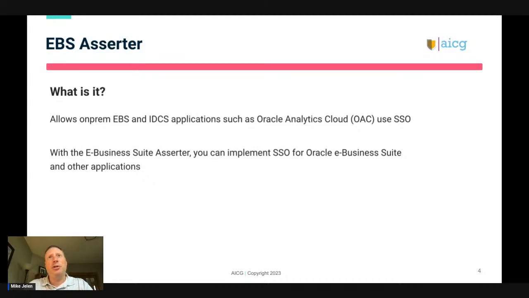Well, the EBS asserter is going to be that mechanism to leverage the authentication within OCI in order to not have to re-enter your username and password when you get into EBS, and the same with OAC. So think of the EBS asserter as that handshake from on-prem up to OCI.